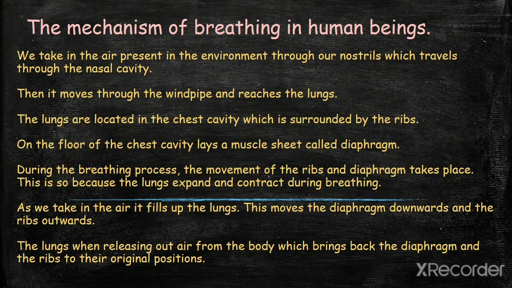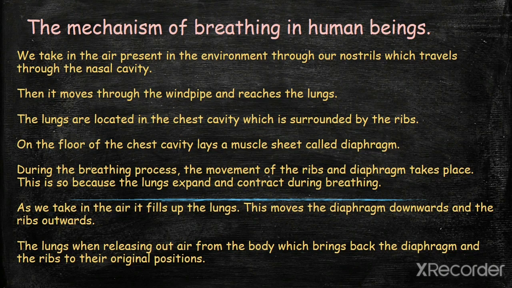The steps involved in the mechanism of breathing in human beings are as follows. We take in the air present in the environment through our nostrils, which travels through the nasal cavity. Then it moves through the windpipe and reaches the lungs. The lungs are located in the chest cavity, which is surrounded by the ribs. On the floor of the chest cavity lies a muscle sheet called the diaphragm.